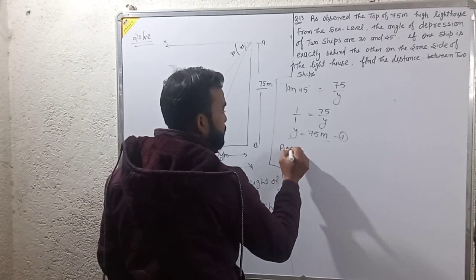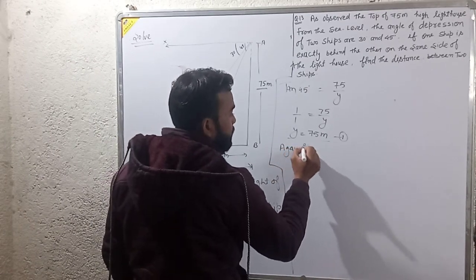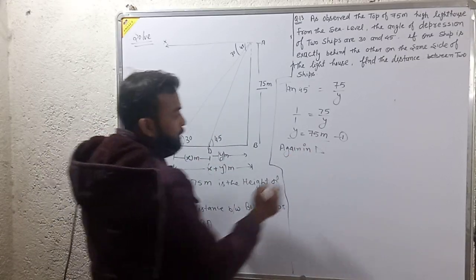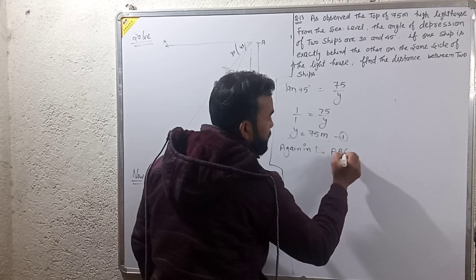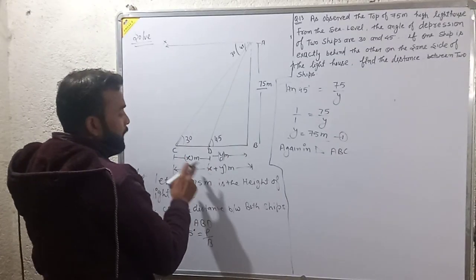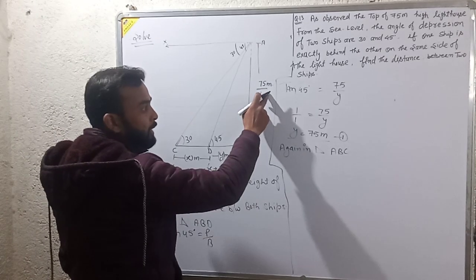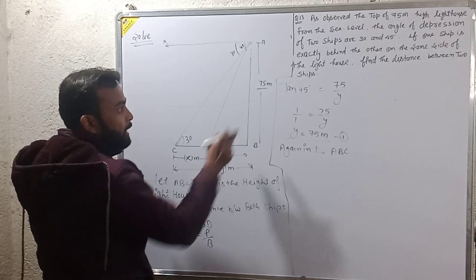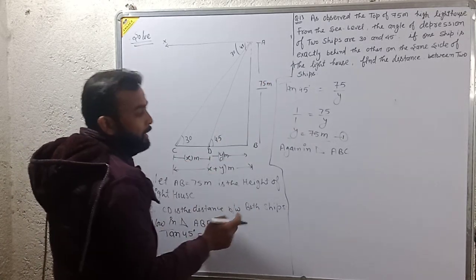Again, in right angle triangle ABC, we have to find the relationship between x plus y and 75. According to 30 degrees, this will be the base and this will be the perpendicular, and it comes in tan.